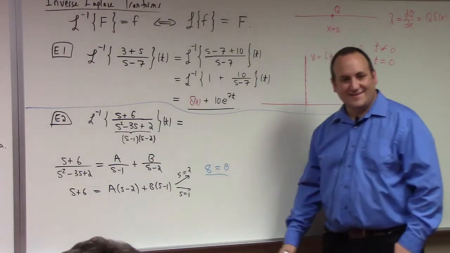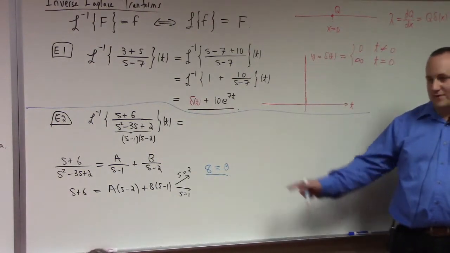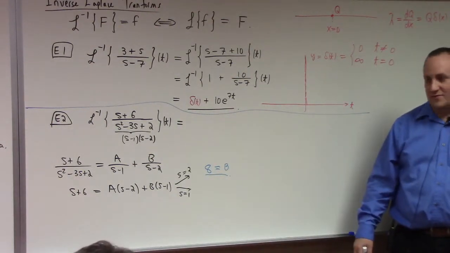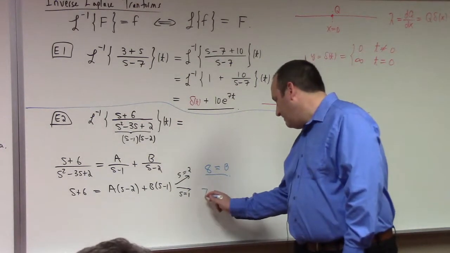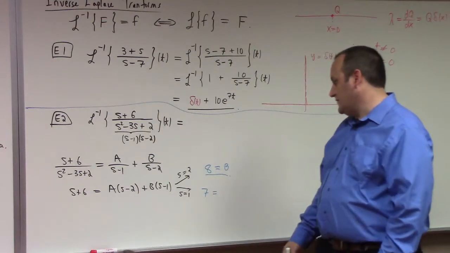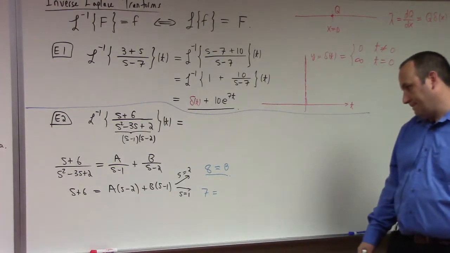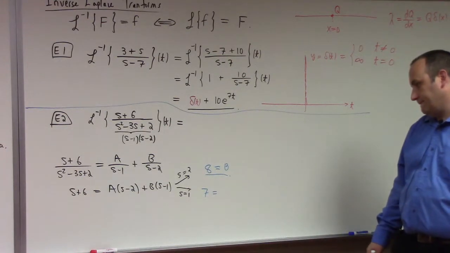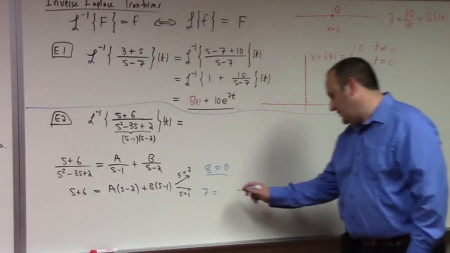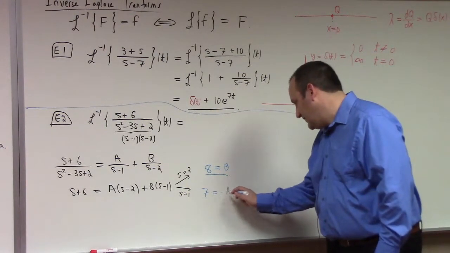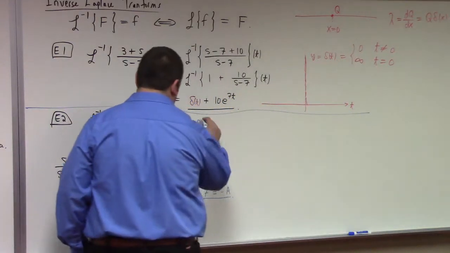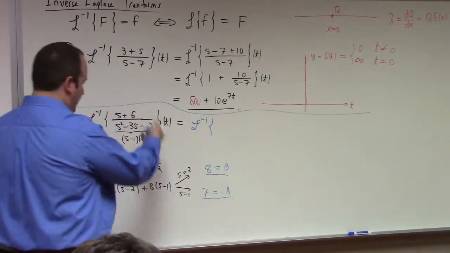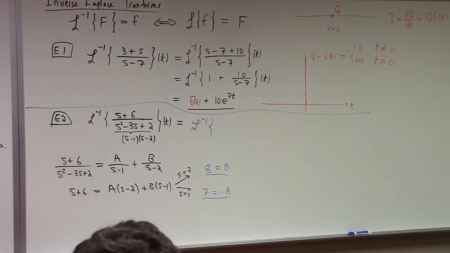Okay, great. Well, this equation was kind of pretty simple to solve. S equals 1, on the other hand, gives me what? It gives me 7 equals, what is it? Negative a, right? So a is apparently minus 7. So we put that up into here, and we have as the inverse Laplace transform of the thing originally, the thing I'm stuck with, right?